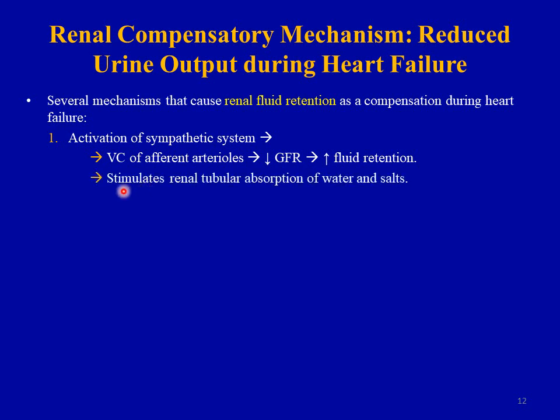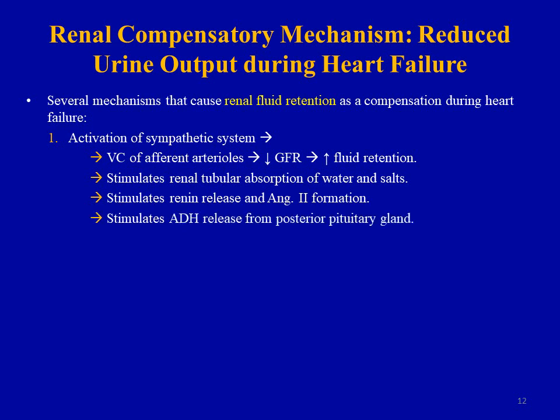Also, sympathetic stimulation will stimulate the renal tubular reabsorption of water and salts, and also stimulate the renin release and angiotensin II formation, and also will stimulate the antidiuretic hormone release from the posterior pituitary gland.